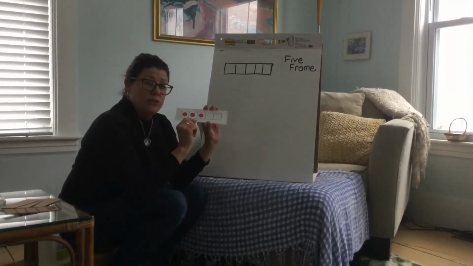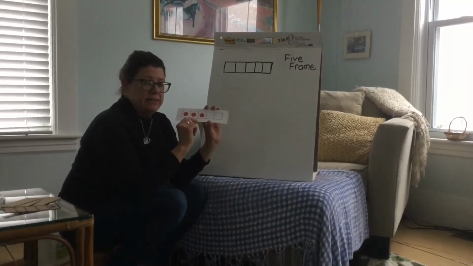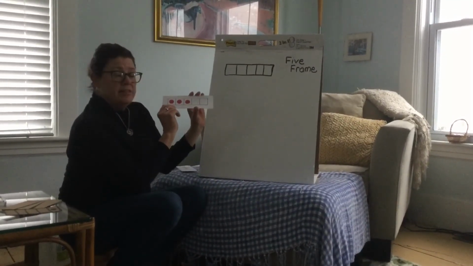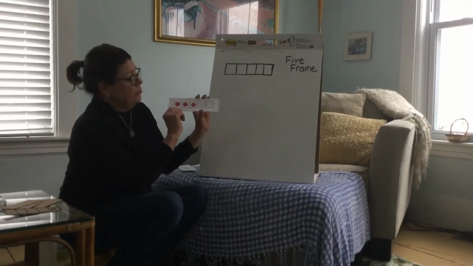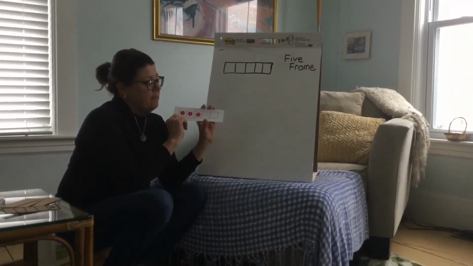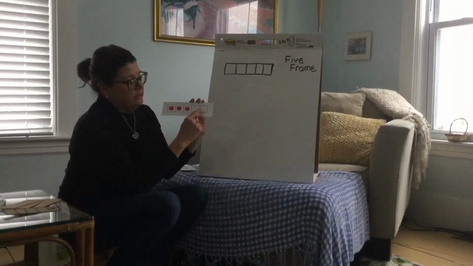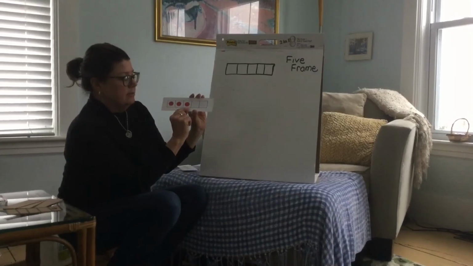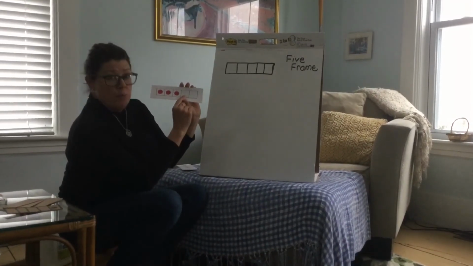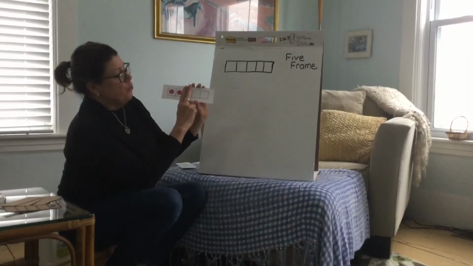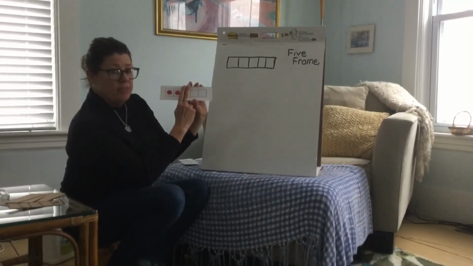Eventually, they'll get so good at this that they'll be able to recognize the amount without counting. So how many on this frame? 3. How many more to make 5? 1, 2. You have 3. What's one more than 3? What's one less than 3?